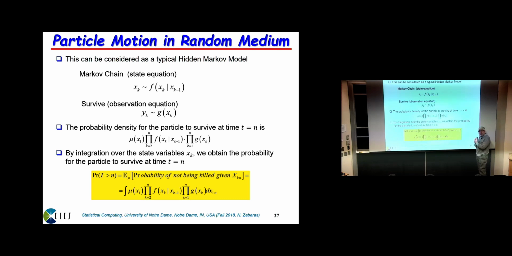However, for the Markov model, I am going to show you that this integral you can do recursively, with very low dimensional integrations. I'm just giving you the very general setting now.